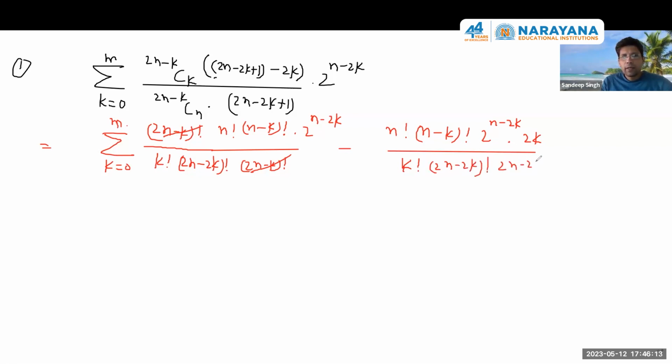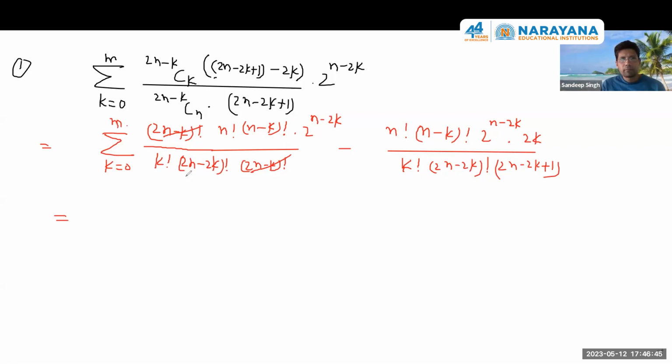So now can you tell me what is the simplified form that we are looking for? This is equal to. So this we want to express as, tell me, how can we express this? 2n minus 2k, because n factorial is looking in the numerator, n minus k. So what do you want to do for this? Tell me. k factorial is there. How will you write this? 2n minus 2k factorial.